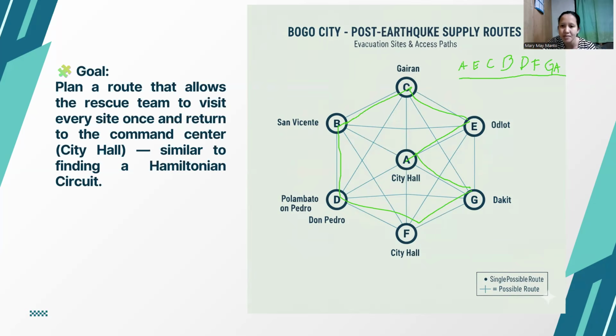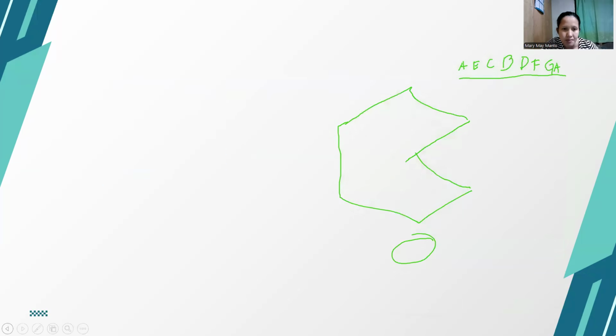You travel from City Hall to Odlot, then Gairan, San Vicente, Pulambato. Sorry, F is not the City Hall. I overlooked this one. City Hall is labeled as A. So, where is F?